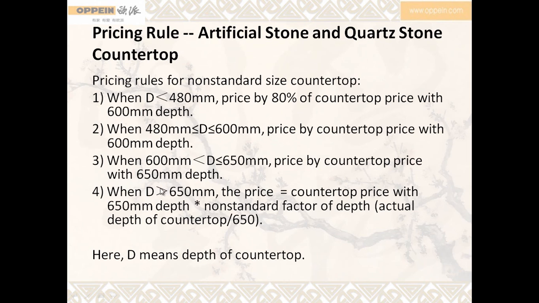When D is more than 650 millimeters, the price equals the countertop price with 650 millimeters depth, multiplied by the non-standard factor of depth, where the non-standard factor of depth equals the actual depth of the countertop divided by 650.